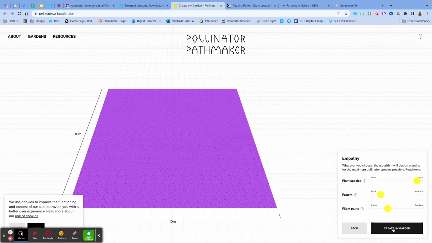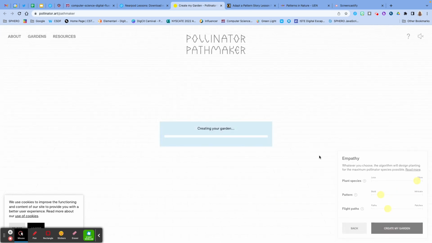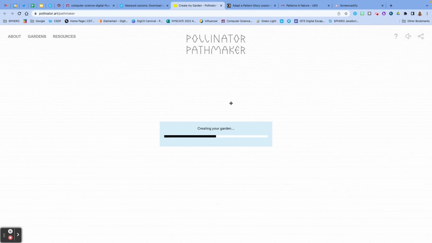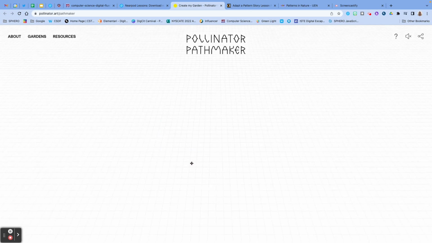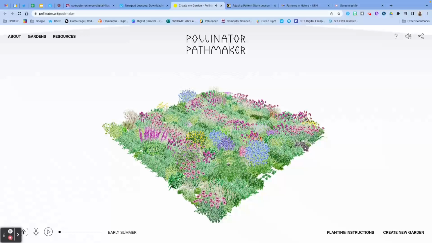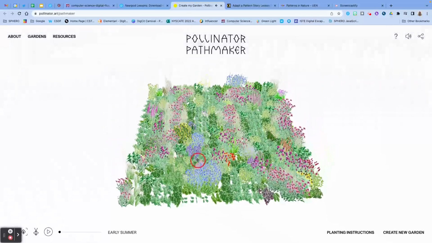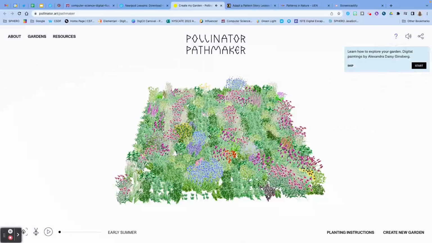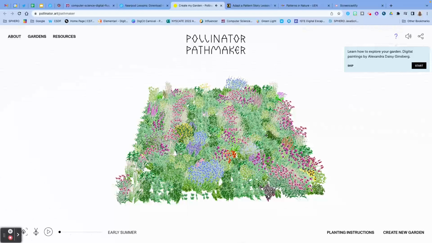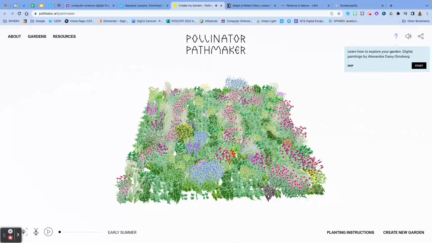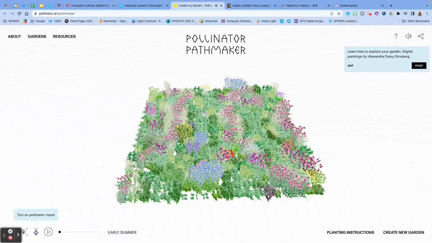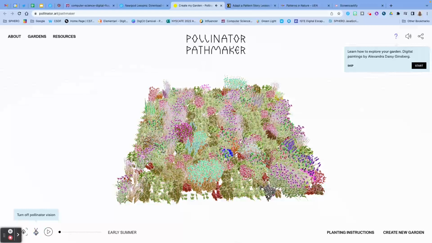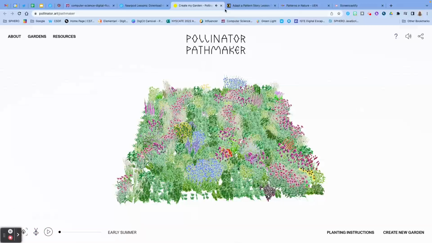You can decide your flight paths, and then what it will do is create your garden, and then you're going to hear different sounds. You're going to be able to explore the different plants and all of the things as it comes through. So you can see that you can take a peek at it. If I clicked on different things, different things will happen. I can hear bees, and you can see there's lots of ways that you can see and visualize this data.